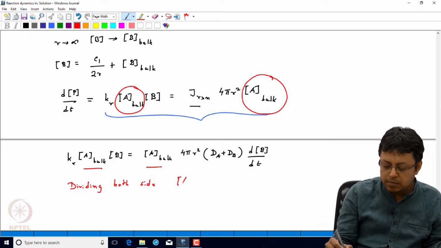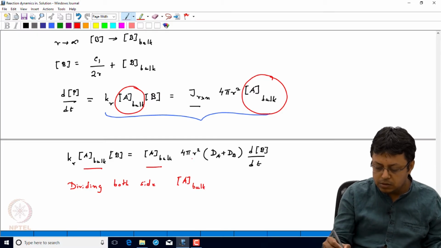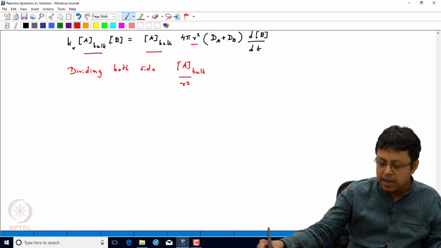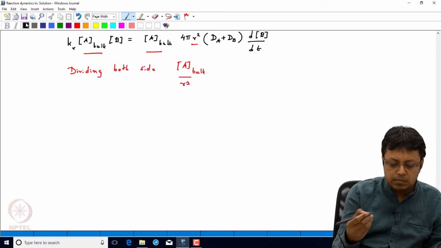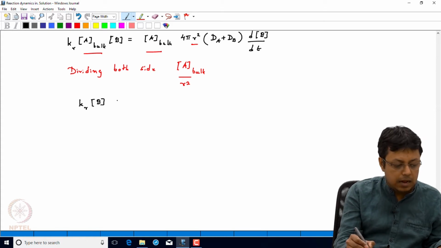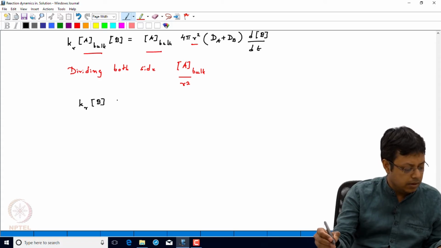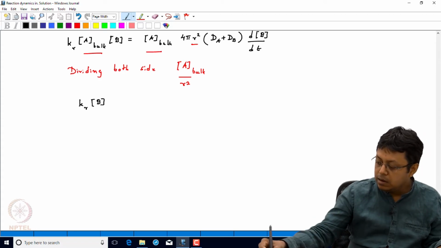So dividing both sides by A bulk, and then I'll also divide it by r square. What you will get is a little bit more compact form, which is Kr. I have B is the local concentration again, and then what I have is dB here.